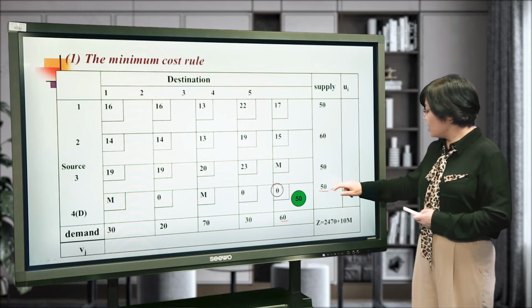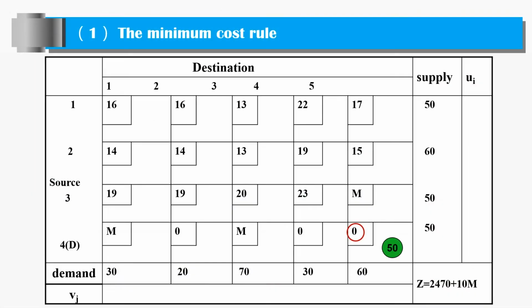Now the supply is used up, so we can eliminate this row. Then we look for the minimal cost in the remaining matrix and find that 13 is the minimal.